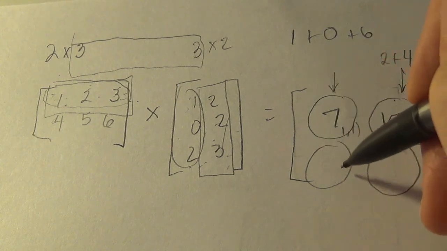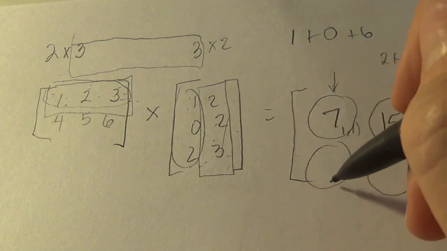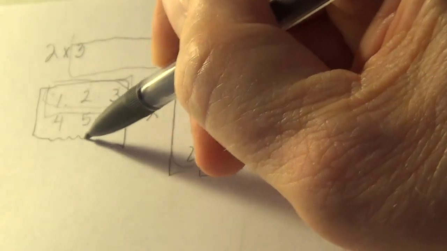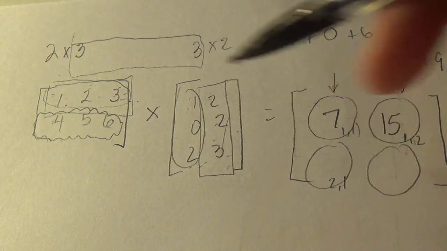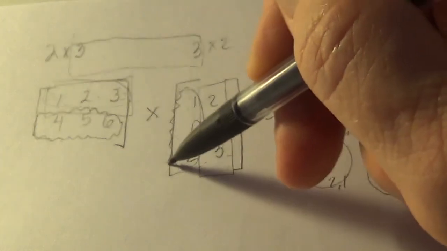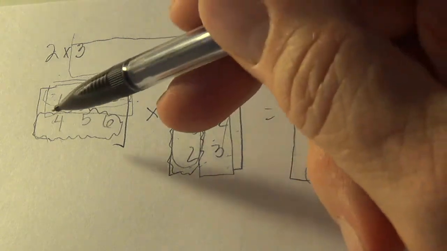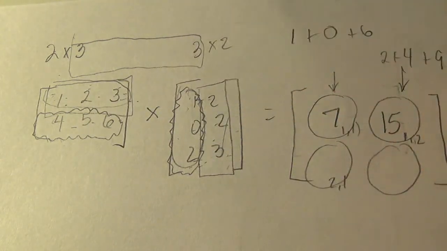Alright, last row here, we're going to be in the second row and the first column. So we're going to use the second row and the first column. So when we do that, 4 times 1 plus 5 times 0 plus 6 times 2.